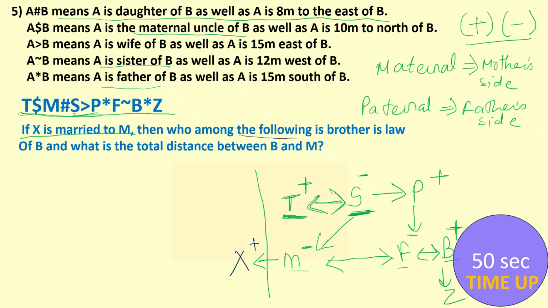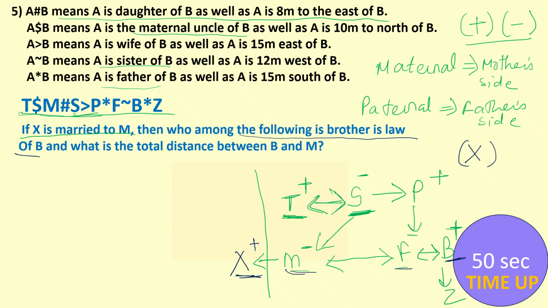Then who among the following is brother-in-law of B? They have asked, who is the brother-in-law of B? So M, F and B, they all are siblings, correct? So who is the brother-in-law of B? If M is married to X, then who is the brother-in-law of B? Obviously X, correct? So you got the answer for blood relation, that X is the brother-in-law of B.